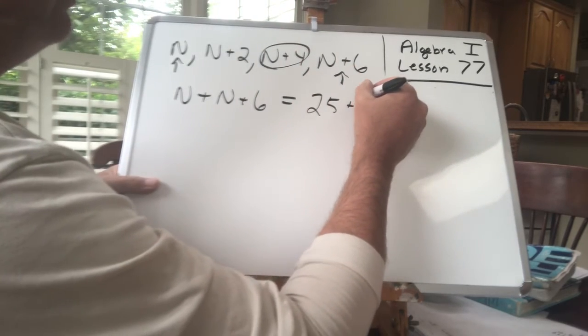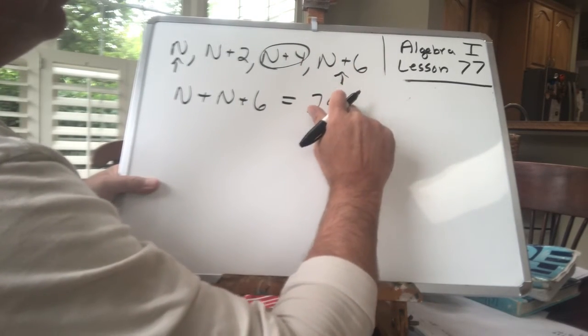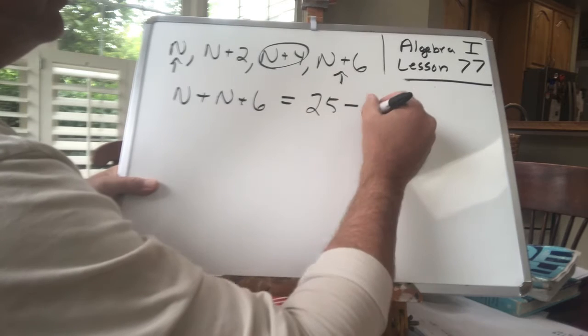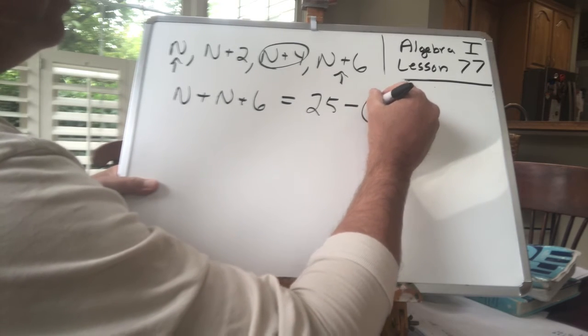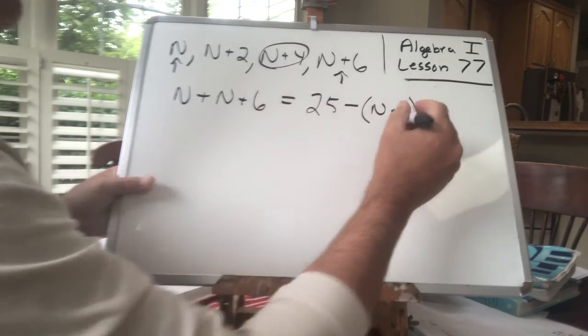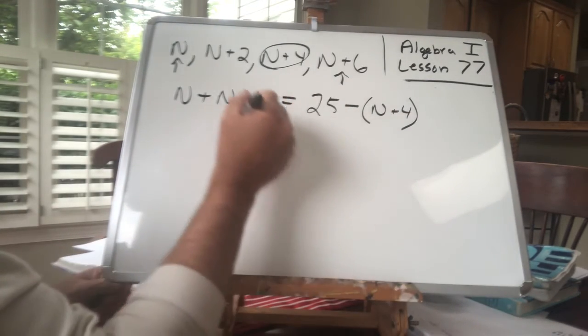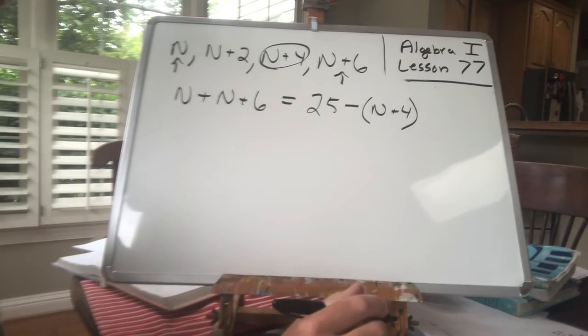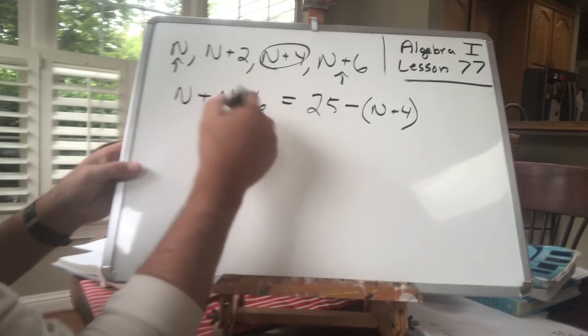How do we write that? We're going to write it as 25 plus the opposite of the third, n plus 4. I'm going to bring the 25 over here off the bat, and I'm going to combine these like terms.